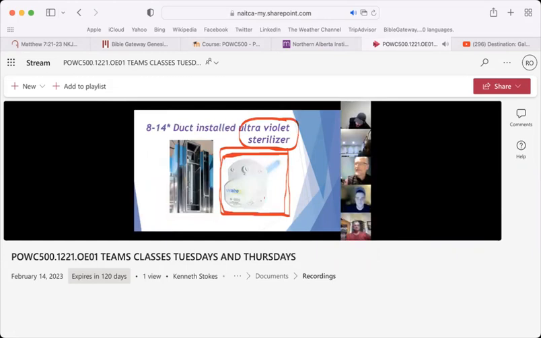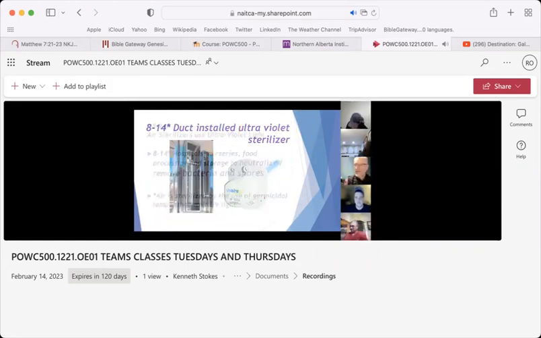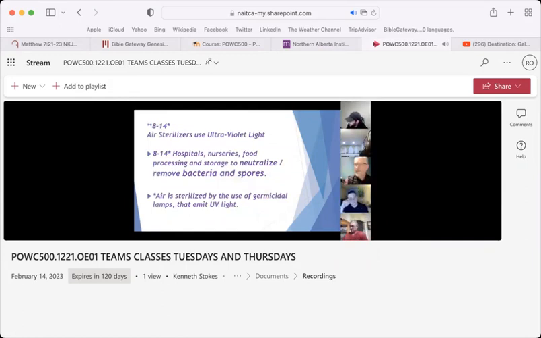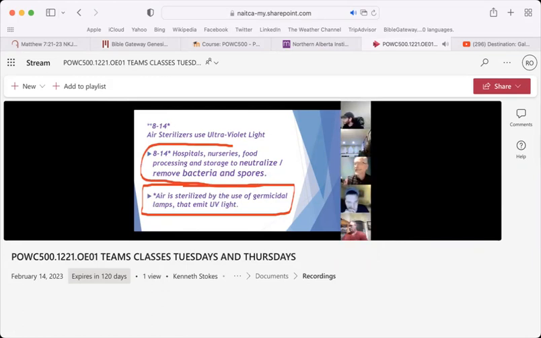So ultraviolet will deactivate viruses and living things. Air is sterilized. So this is supposed to sterilize, and we use it in hospitals and food processing and in our own homes if you have one.